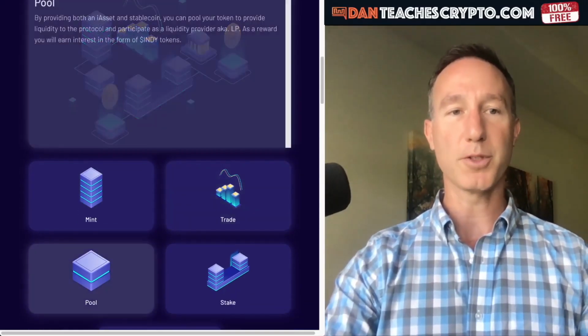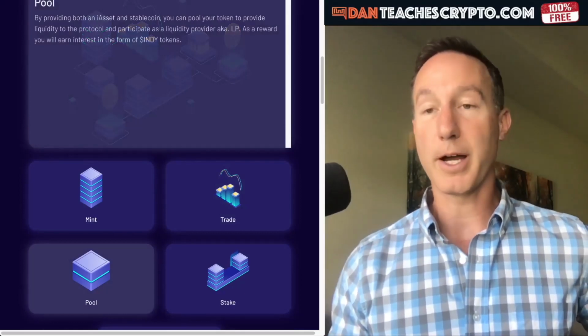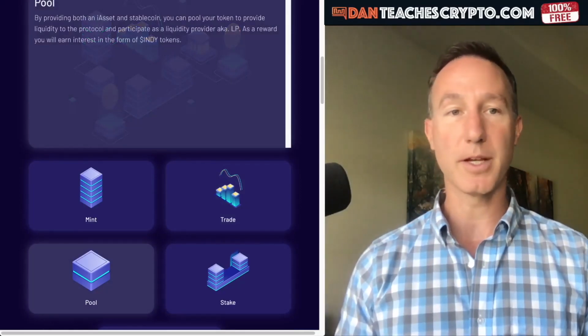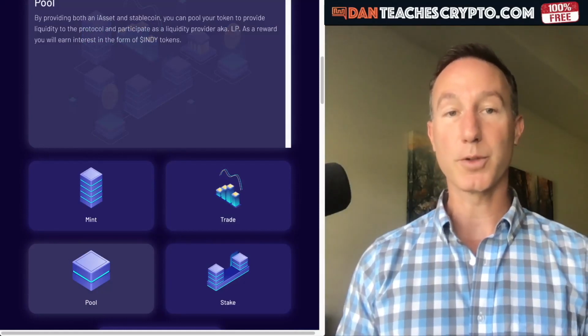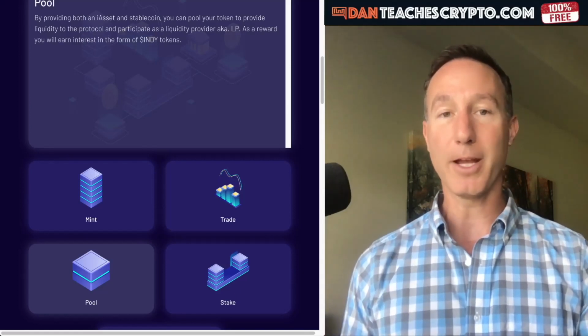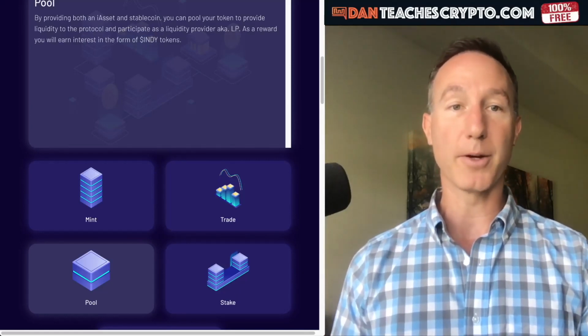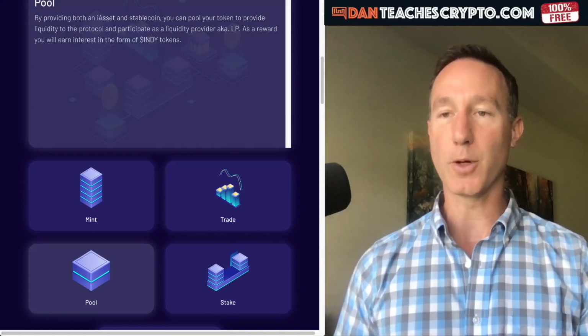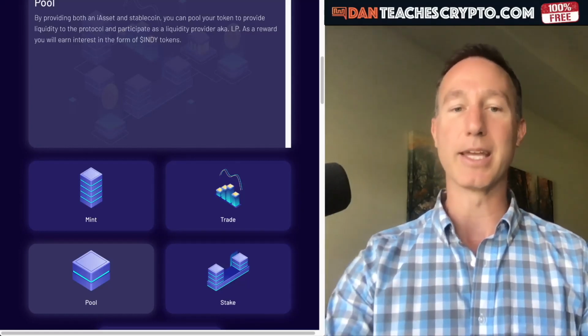And then also to pool it, if you provide both an asset, in the example I just gave, TSLA, and you can also put in a stablecoin, well, then you can become an LP or a liquidity provider. As a reward, you'll earn interest in the Indi token, Indigo protocol, or INDY.